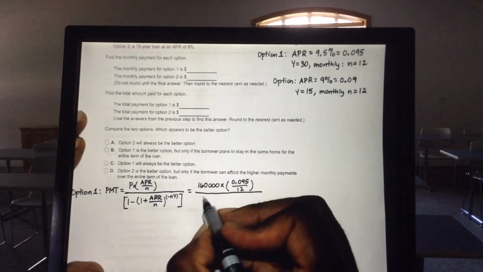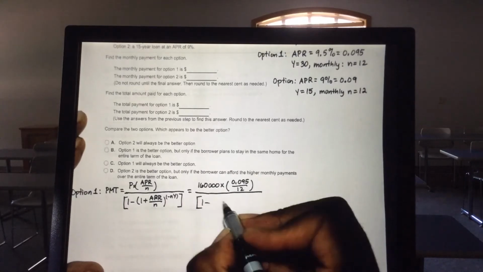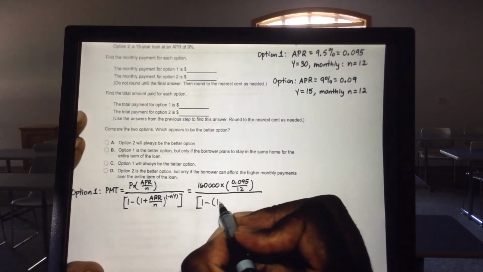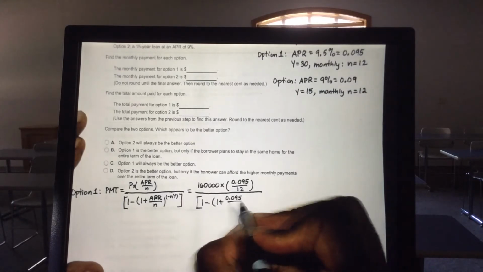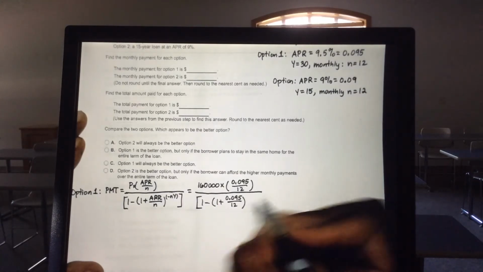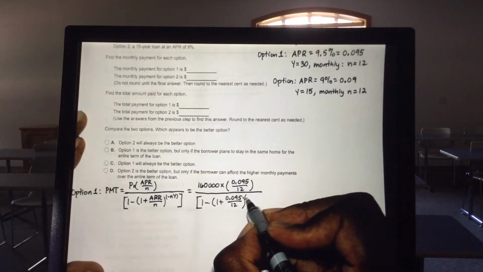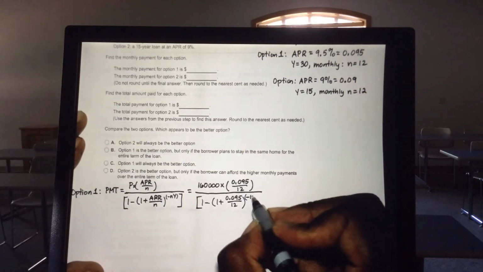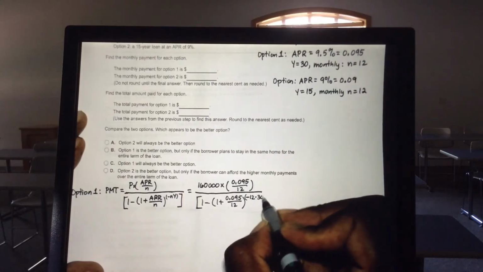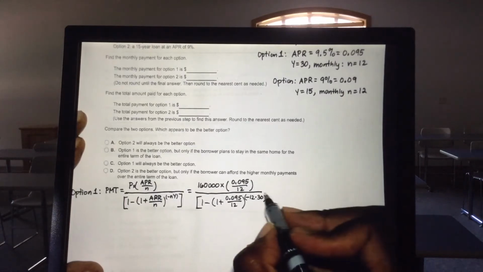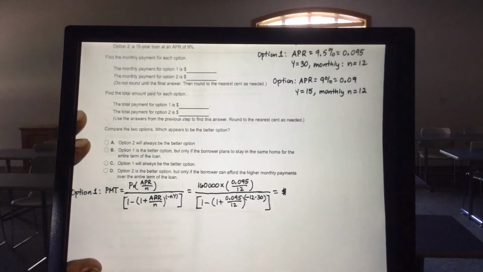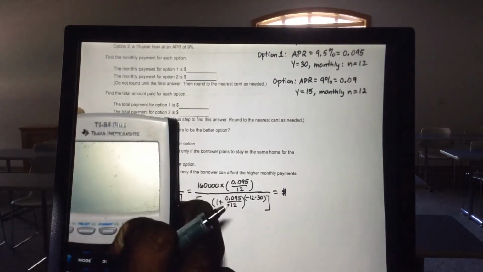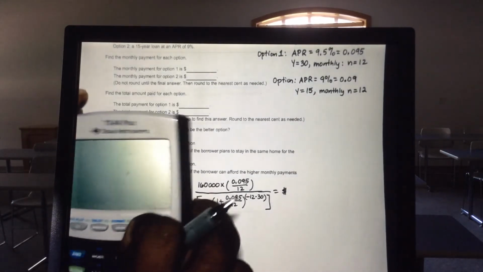That's going to be divided by 1 minus, left parentheses, 1 plus APR of 0.095 divided by 12, raised to the negative N, or negative 12, and your Y for option 1 was 30.